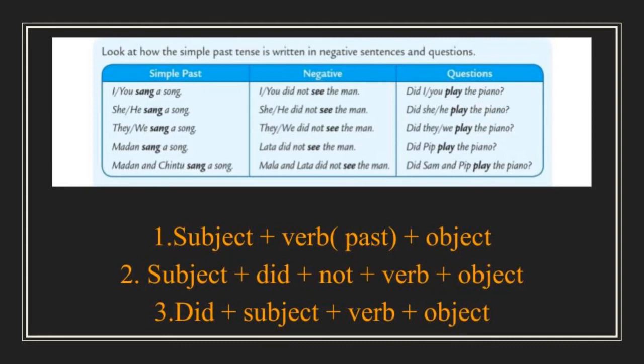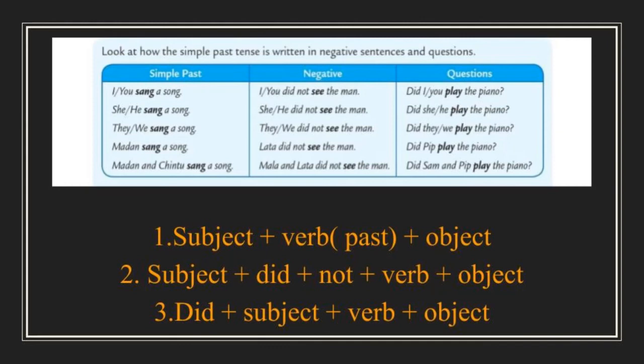Let's move to the second column, that is negative sentences. In present tense we used do as the auxiliary verb, but here we have to use did, okay, did not. And one more thing, when we are using did, we should write the base form, base verb. Look here, the rule for the second one is subject plus did not plus verb plus object.